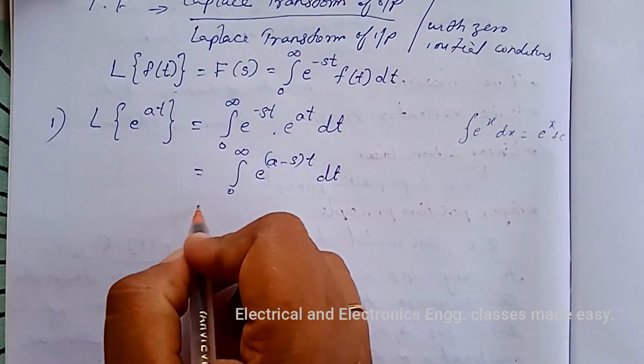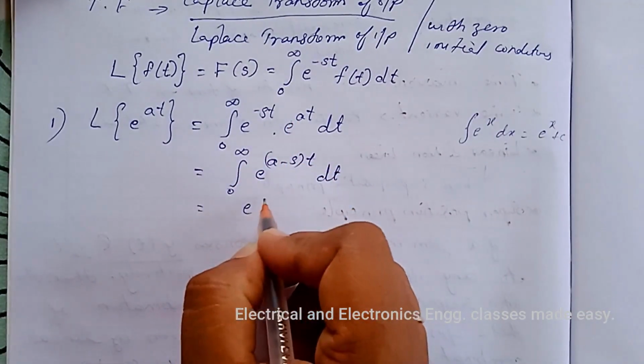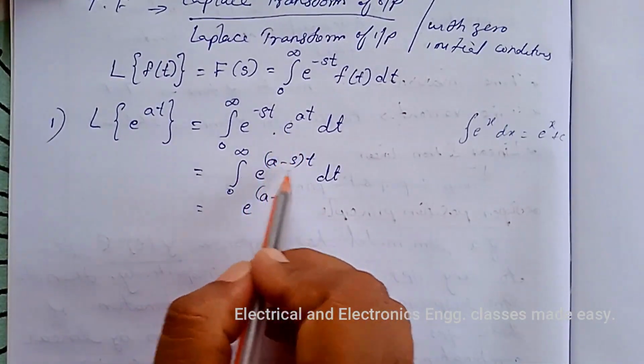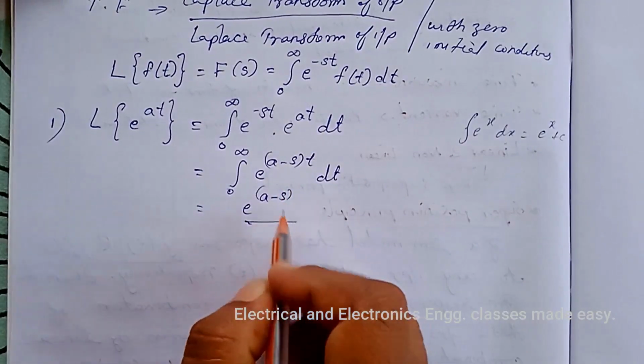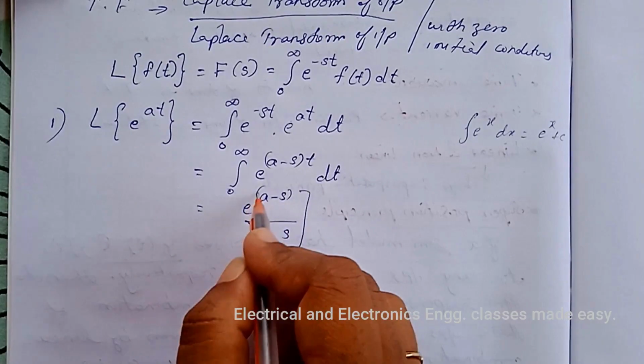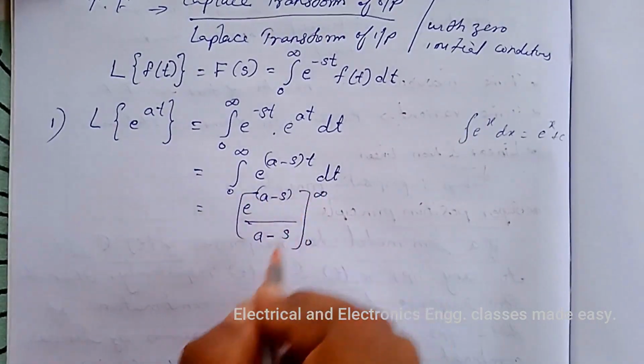So here we get e raised to (a minus s)t, and since a minus s is a constant, we have to divide by a minus s, with limits 0 to infinity.